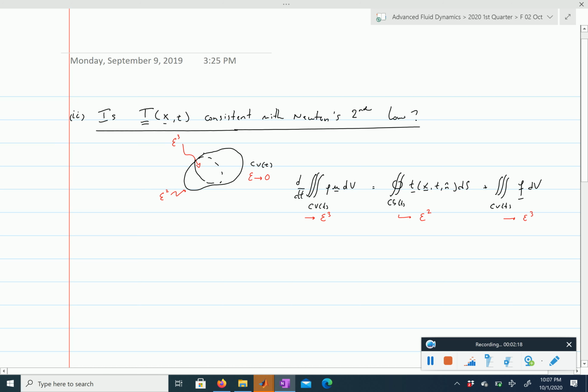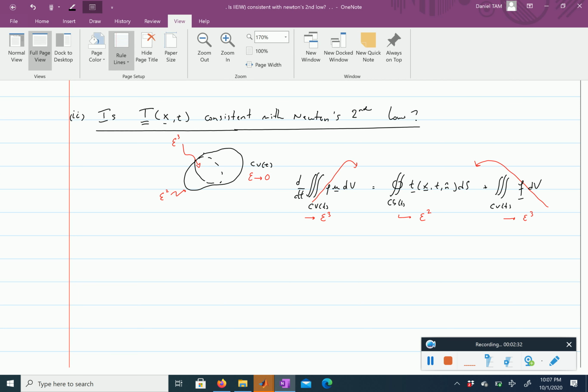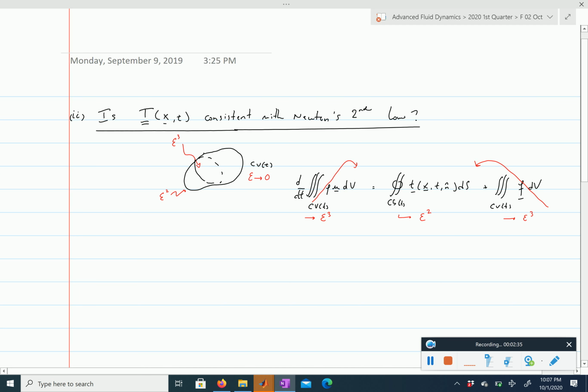The two volume integrals are going to go to 0 much faster than the surface integral, and therefore when we are essentially at a single point, when epsilon has gone to 0, then we should have that the integral of the stress vector on an infinitely small control volume should be equal to 0.